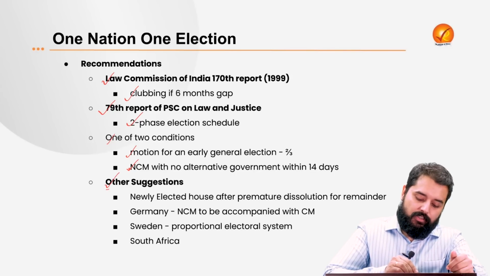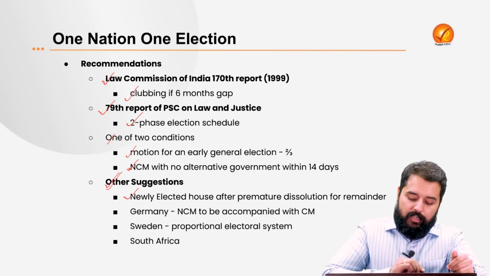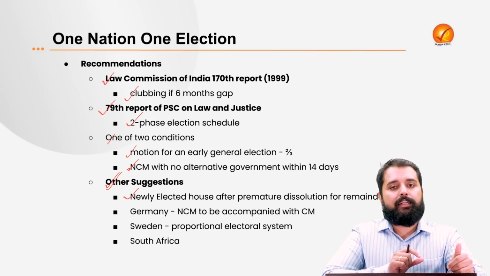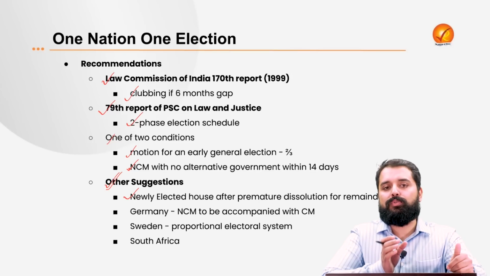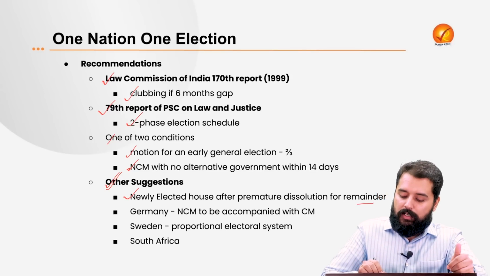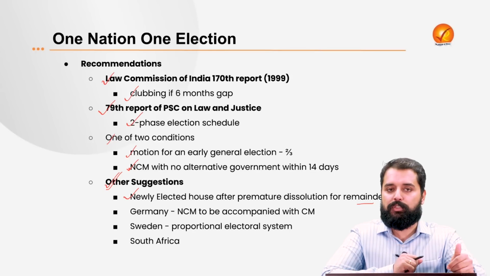There are certain other suggestions also to come out of this. One is we can ensure that the newly elected house, which is elected after the premature dissolution of the assembly, remains in place only for the remainder of the term of the assembly which was dissolved prematurely.